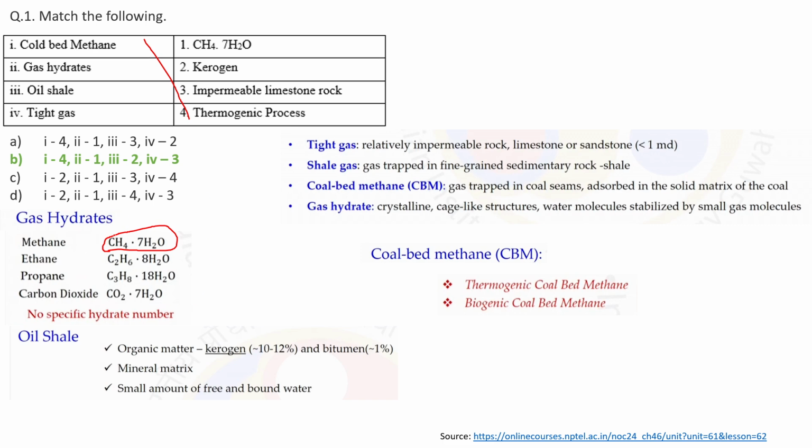So you can see all of these are types of gas hydrates. CH4.7H2O is a type of gas hydrate, so we will match the second option with the first one.